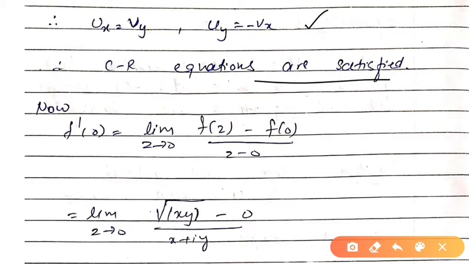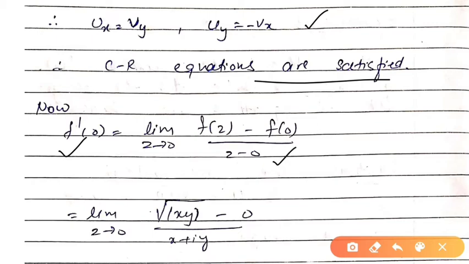Now next what you have to do is show that it is not differentiable. That means you have to show that limit does not exist. For that we will use this formula. f dash 0 equal to limit z tends to 0, f of z minus f of 0 upon z minus 0.